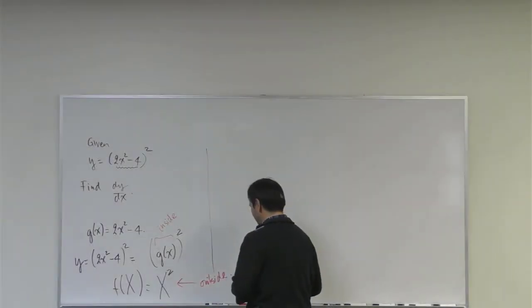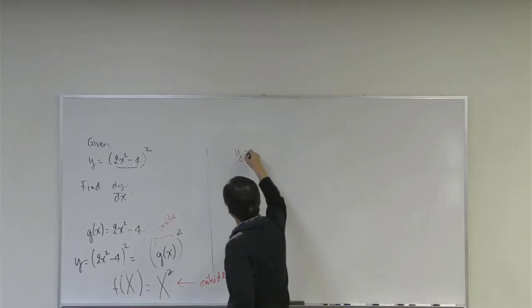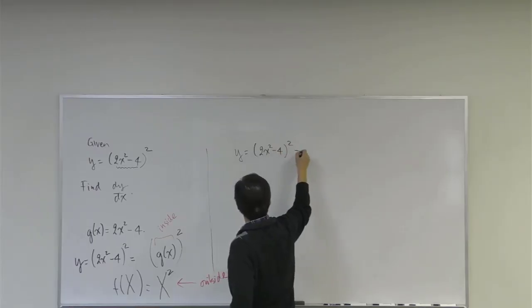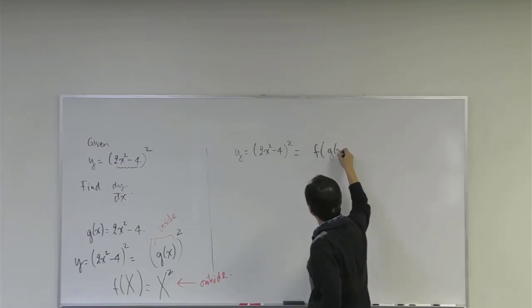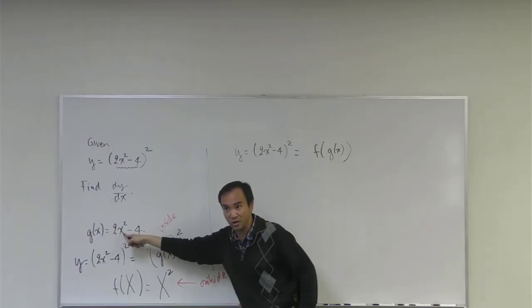And so picking up from that, the whole y equals 2x squared minus 4 all squared, we can understand that as f of g of x, once we have defined g separately as 2x squared minus 4, right?